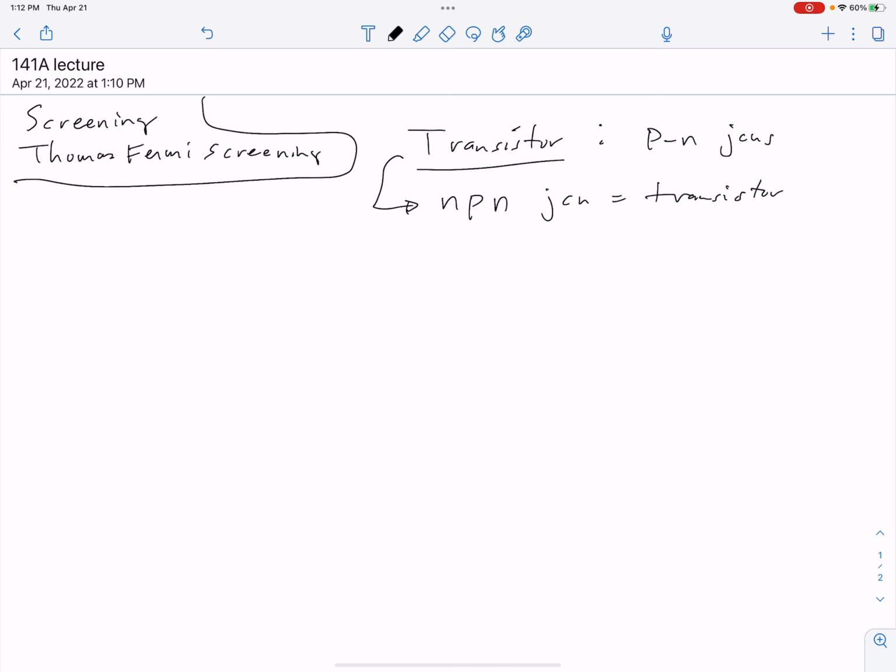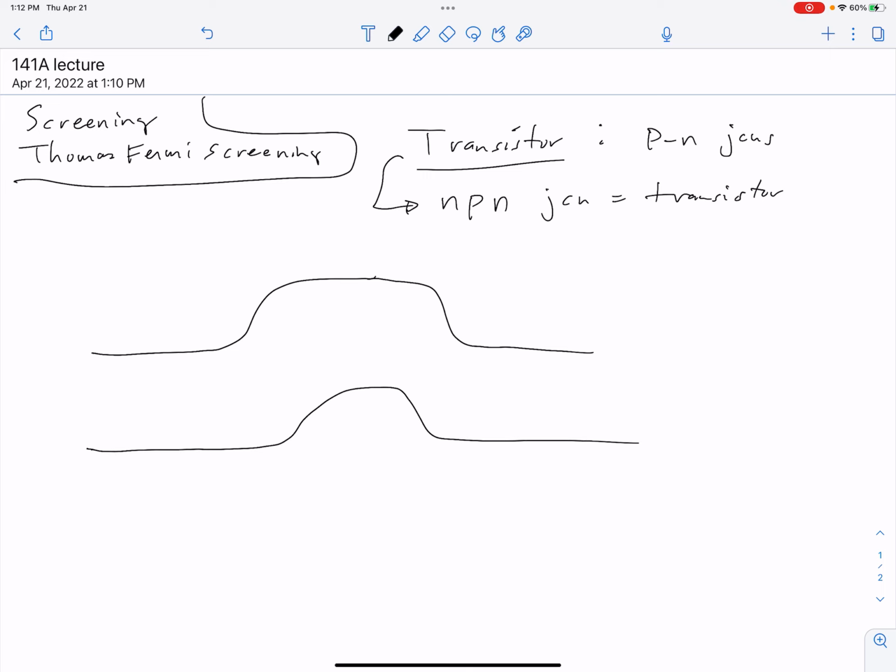This is just to finish off that whole thing about p-n junctions. So I take two p-n junctions. So this is an N side, a P side, and an N side.